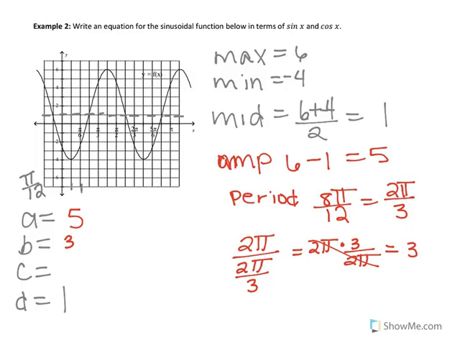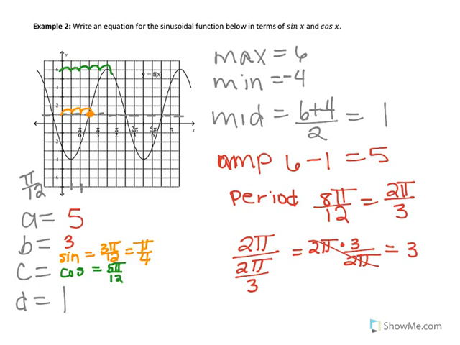So if it is a sine function, it starts here. And that is at 1, 2, 3 pi over 12, which is pi over 4. And if it's a cosine function, the first is 1, 2, 3, 4, 5. So 5 pi over 12.